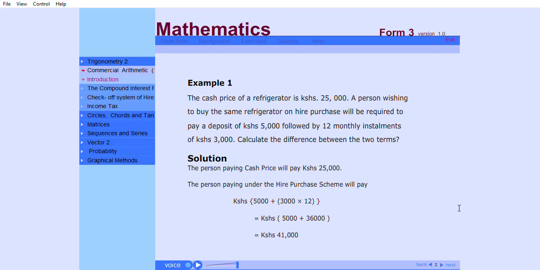The person paying cash will pay 25,000 Kenya shillings. The person paying under the hire purchase scheme will pay 5,000 Kenya shillings plus 3,000 multiplied by 12. This gives us 5,000 plus 36,000 Kenya shillings, which is equal to 41,000 Kenya shillings.